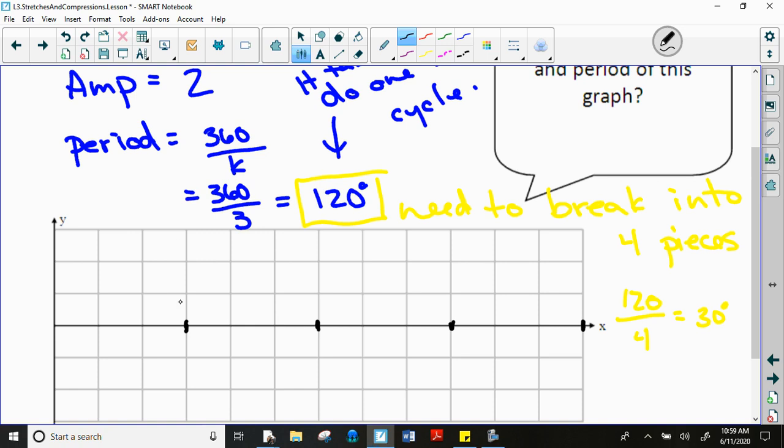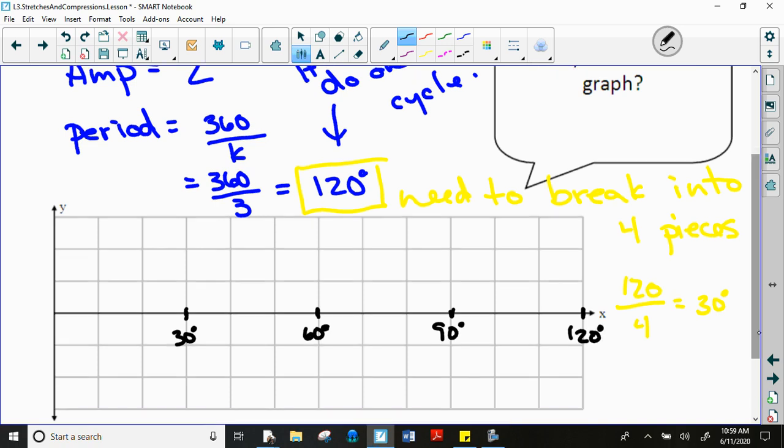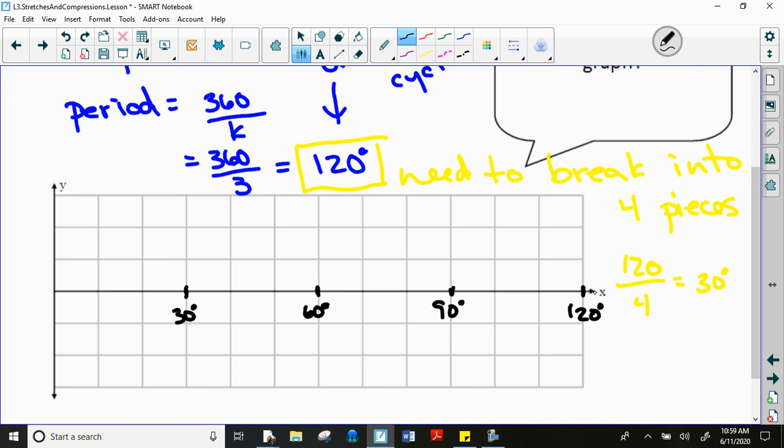Okay, so we've really made use of our graph space. 30, 60, 90, 120. So even though it's not 360 degrees, my graph is going to take up the whole thing because I stretched out my 120.